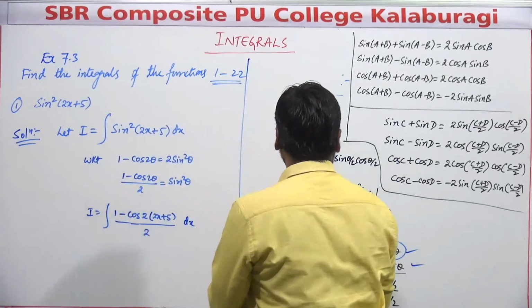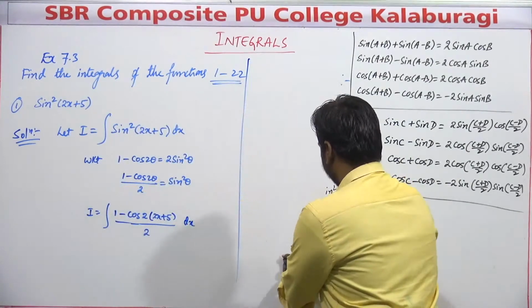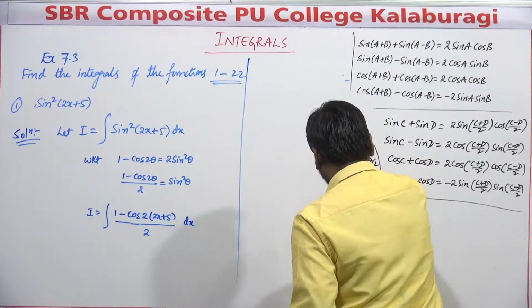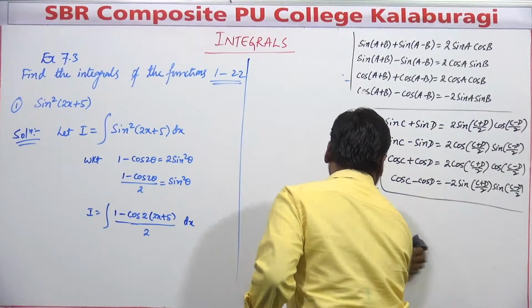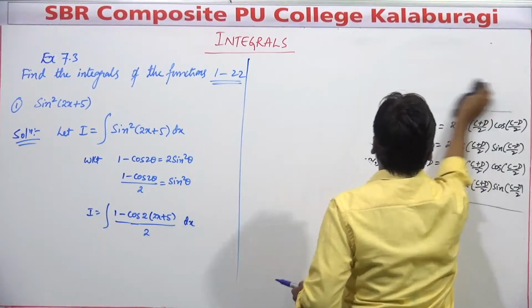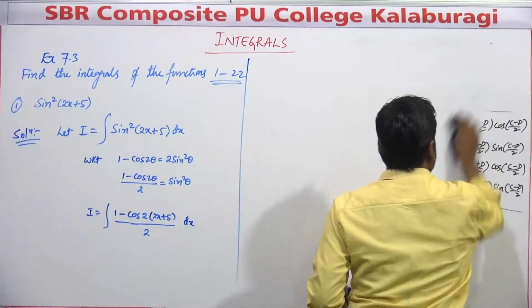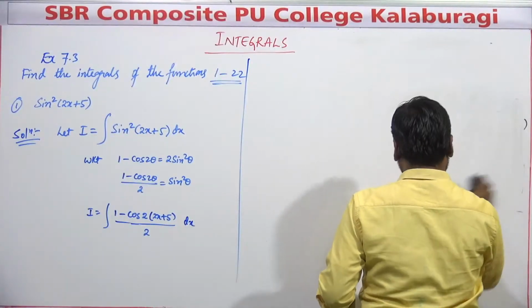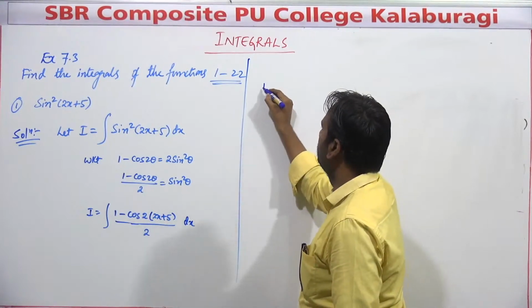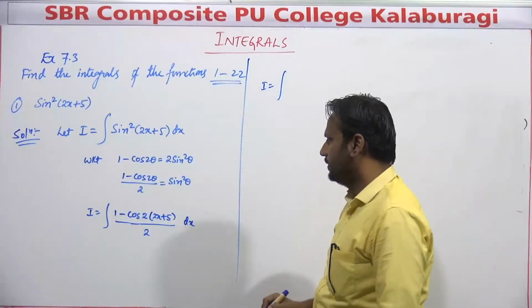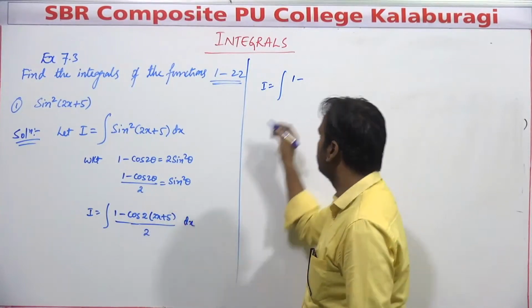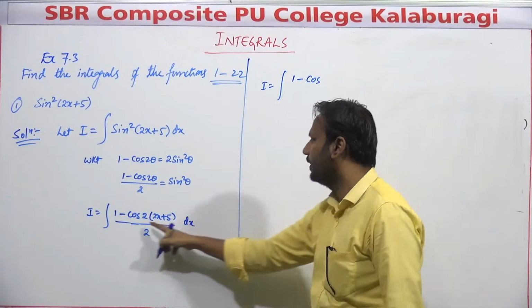You know how to simplify. Now, just see 1 minus cos. Multiply 2 inside the bracket.